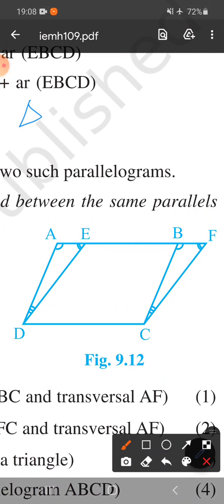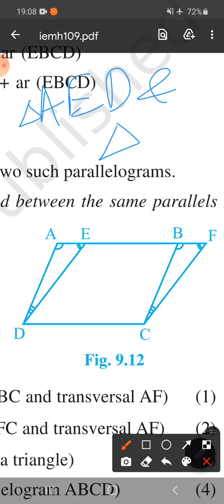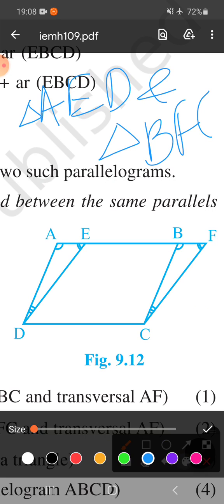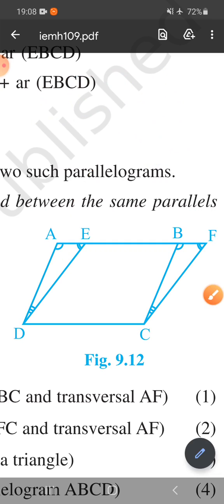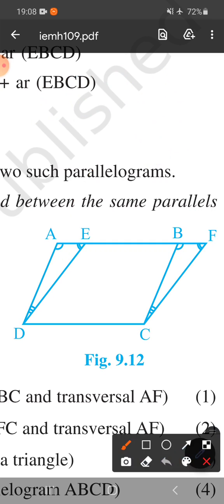So triangle AED and triangle BFC: angle A will be equal to angle B. Why? As lines AD and BC are two parallel lines intersected by a transversal, their corresponding angles, angle A and angle B, are equal. Let me write it again.